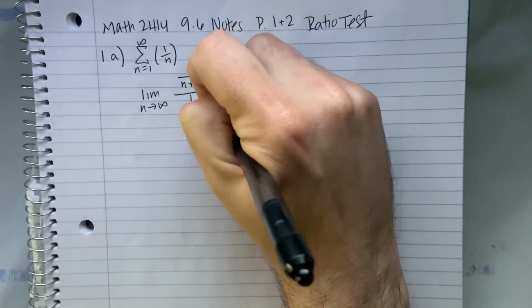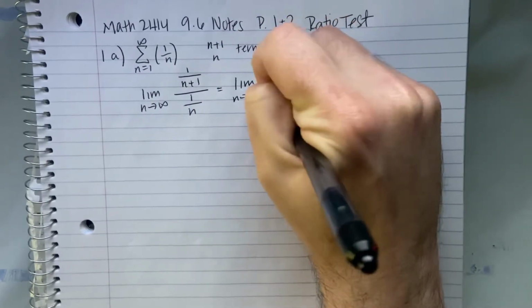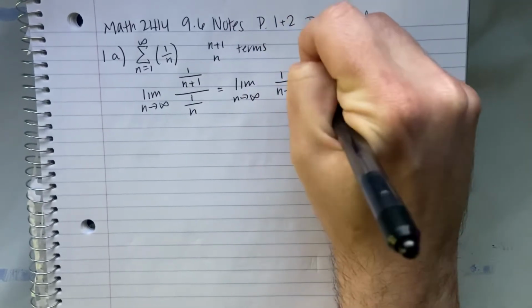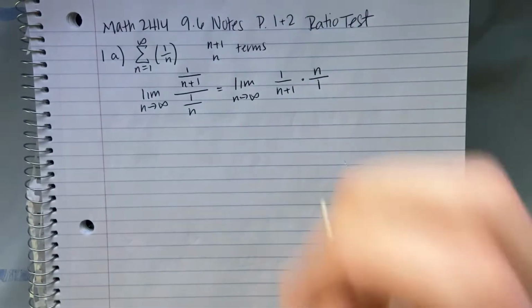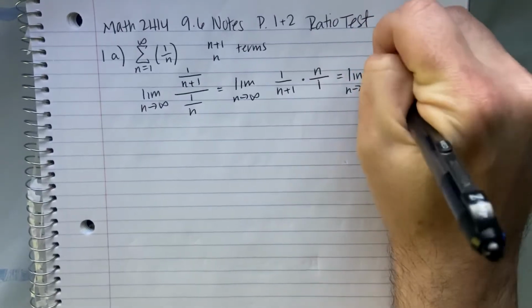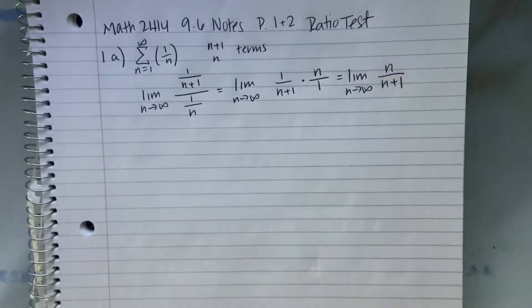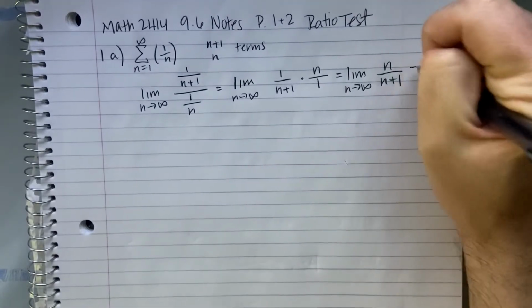Now, if you divide by a fraction, this is really multiplying by the reciprocal. And of course, 1 over n plus 1 times n is the limit as n goes to infinity of n over n plus 1. What do we know about that? As n goes to infinity, it's equal to 1.